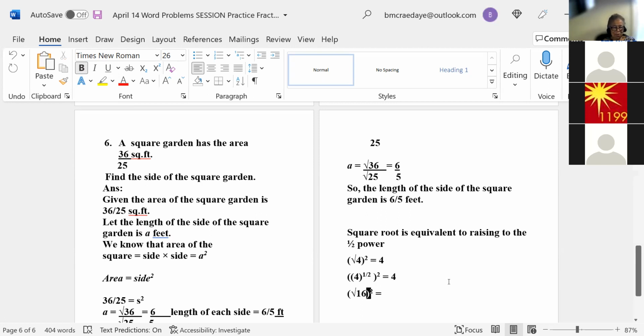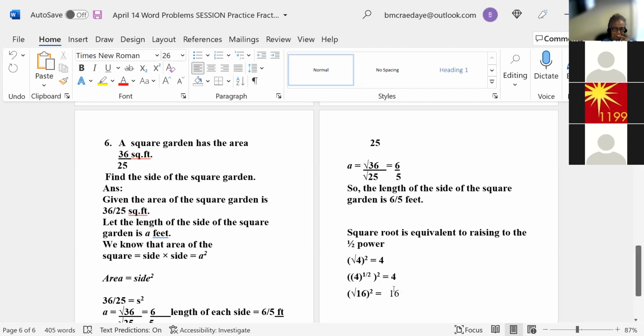Yeah. So any number under the radical squared gives you back what's under the radical. So this square root of 16 becomes 16 to the 1/2. 16 to the 1/2 multiplied by the power 2 gives you 16 to the 1. So that just gives you 16.